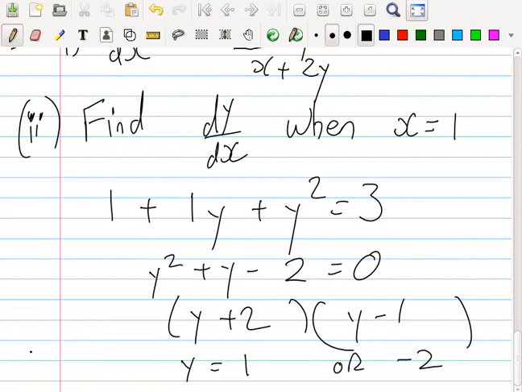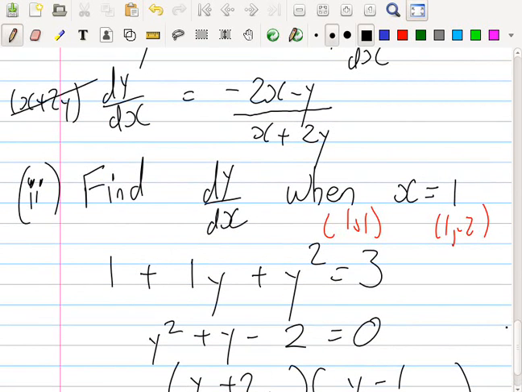Now, that means we actually have to consider this possibility: 1 and 1, or 1 and minus 2. So if you take out your calculator, students on this side of the room, please put x as 1 and y as minus 2, and students on that side of the room, put x as 1 and y as 1.